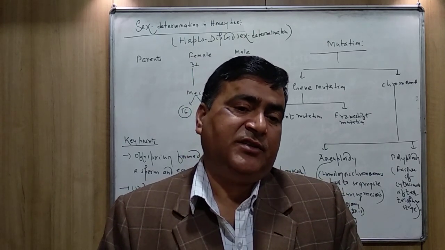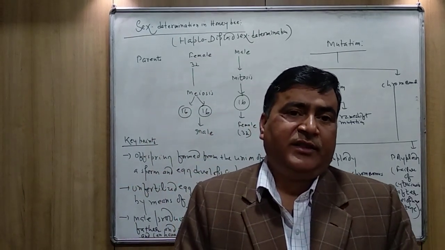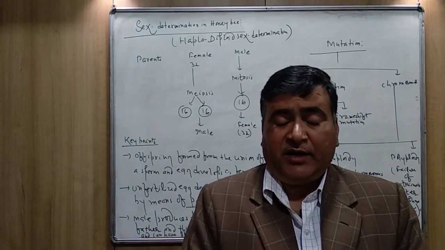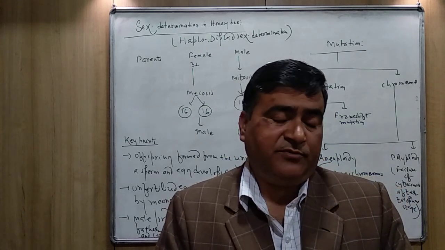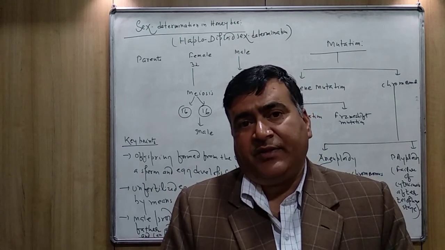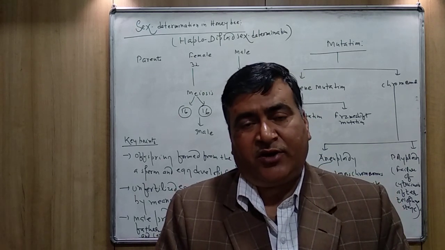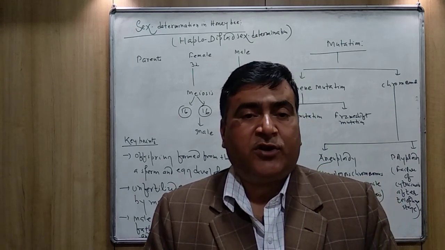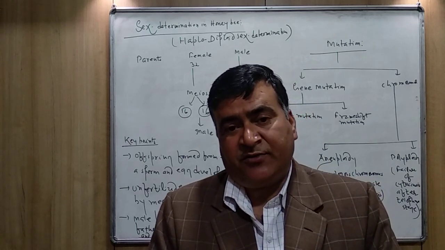If there is a question of how many chromosomes are found in the female honeybee, 32 chromosomes. And in males, that is called drones, the total number of chromosomes is 16.